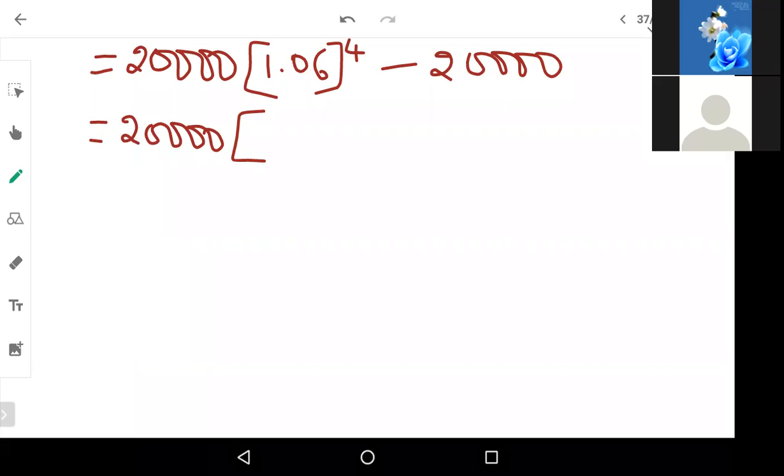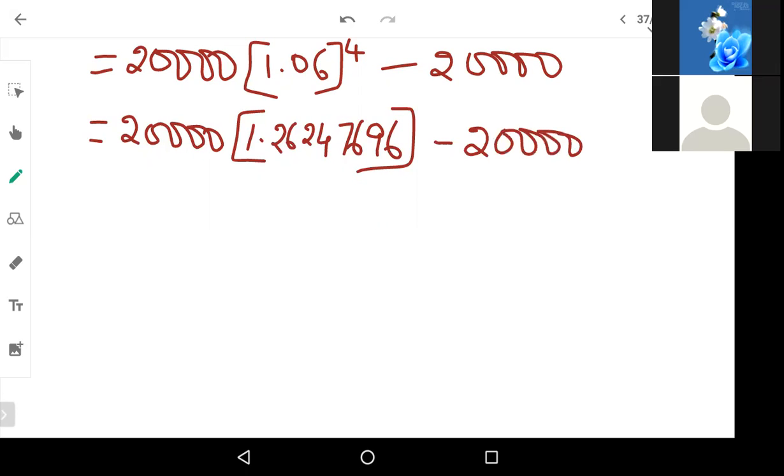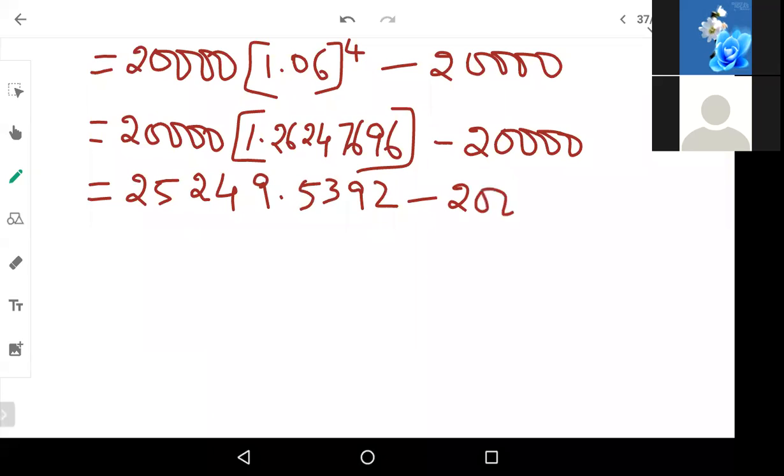So how much do you get? 1.26247696. Correct, Lakshmi. Very good. Minus 20,000. Now multiply this 20,000 with whatever decimal numbers you have got. So that will give you 25,249.5392 minus 20,000.